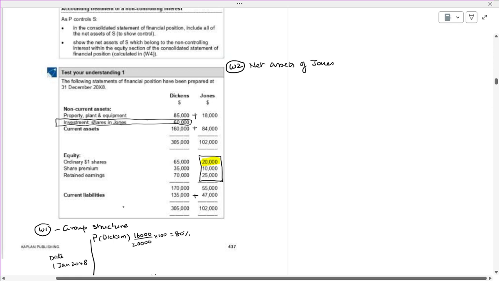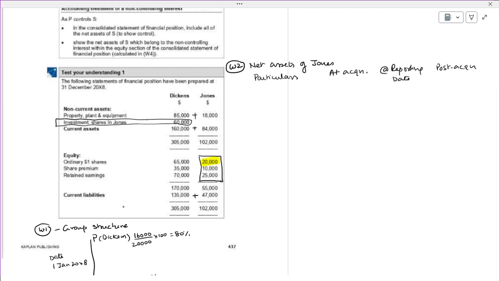When we are taking the net assets of Jones, see how we are working it out: at acquisition, at reporting date, and this is post acquisition. We are taking these items which have been kept in bold.